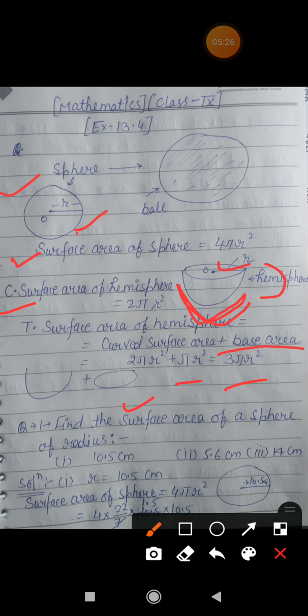By this way, for the total surface area of a hemisphere you use the formula 3 pi r square, and for the curved surface area you use the formula 2 pi r square. So these are the three formulas that you use in this exercise, and I feel after this explanation you understand how to work with hemisphere and sphere.